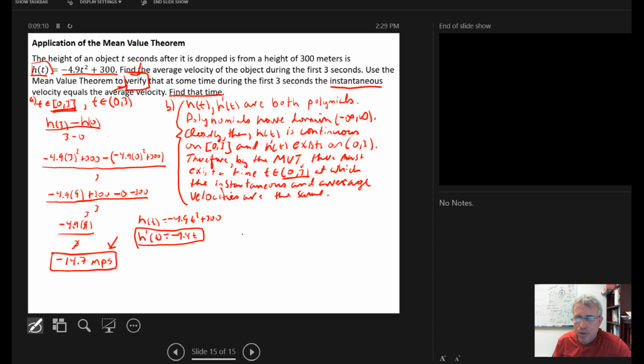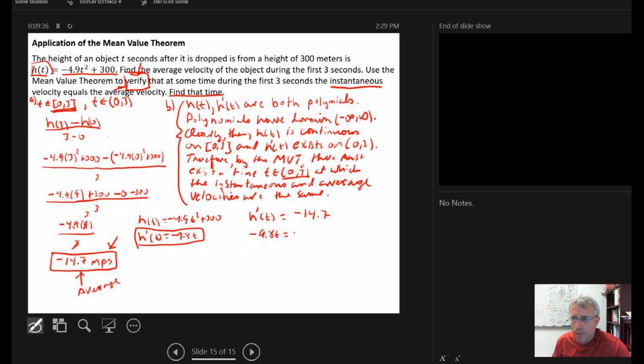So the mean value theorem guarantees that there is a time on the interval from 0 to 3 at which the derivative, or instantaneous rate of change, will match the average. So we need to set the derivative equal to the average. But the derivative is just negative 9.8 times time.